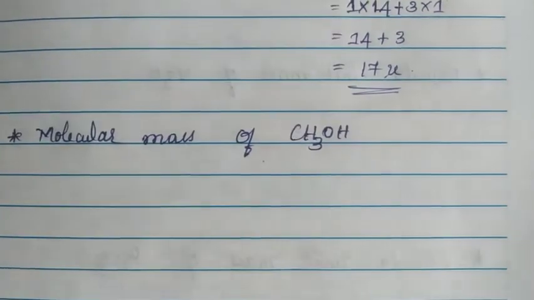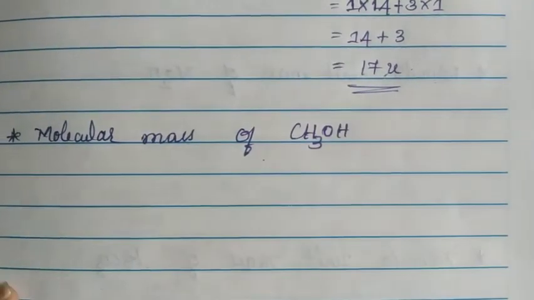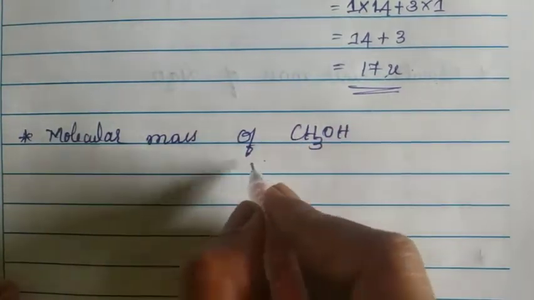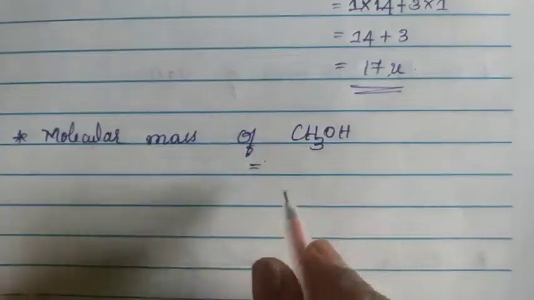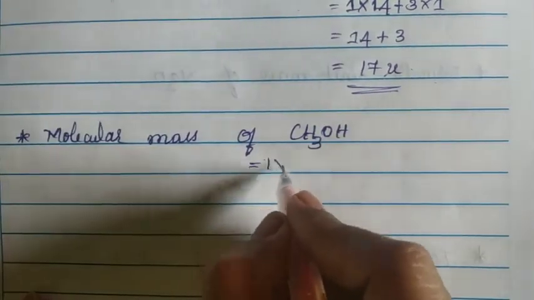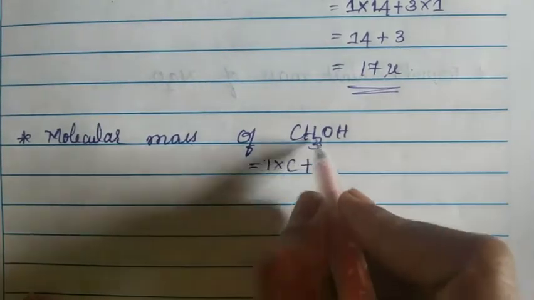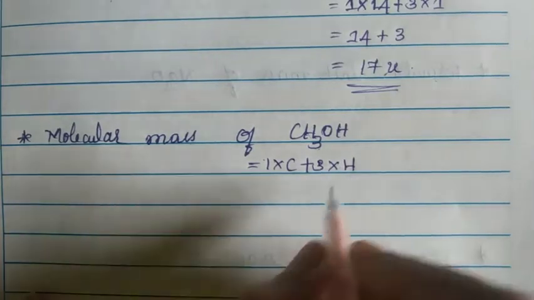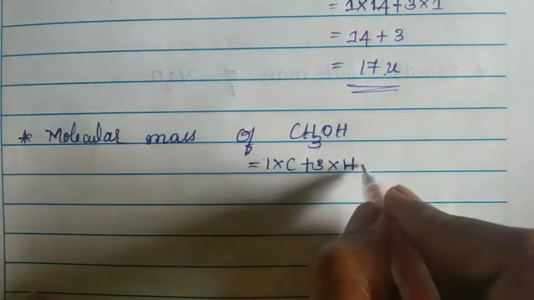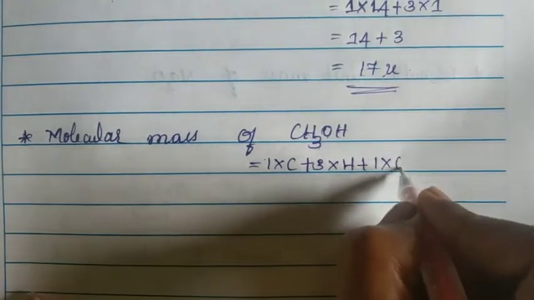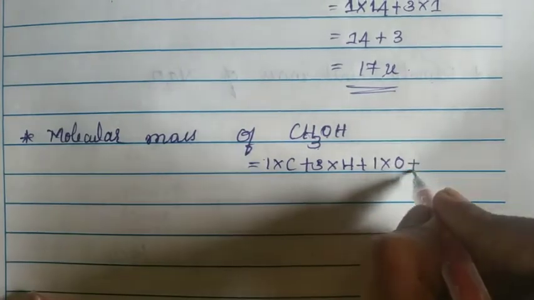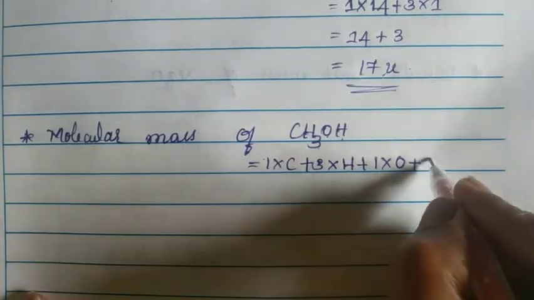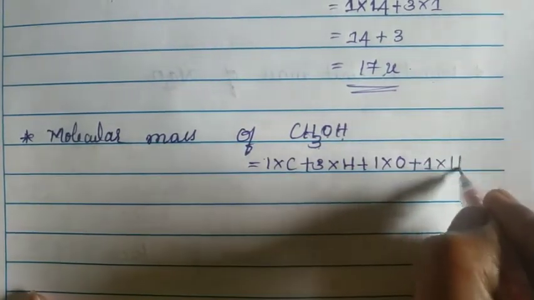Now let's go to molecular mass of CH3OH. Yes, this formula indicates it contains one atom of carbon plus 3 atoms of hydrogen, and it contains one atom of oxygen plus again one atom of hydrogen.